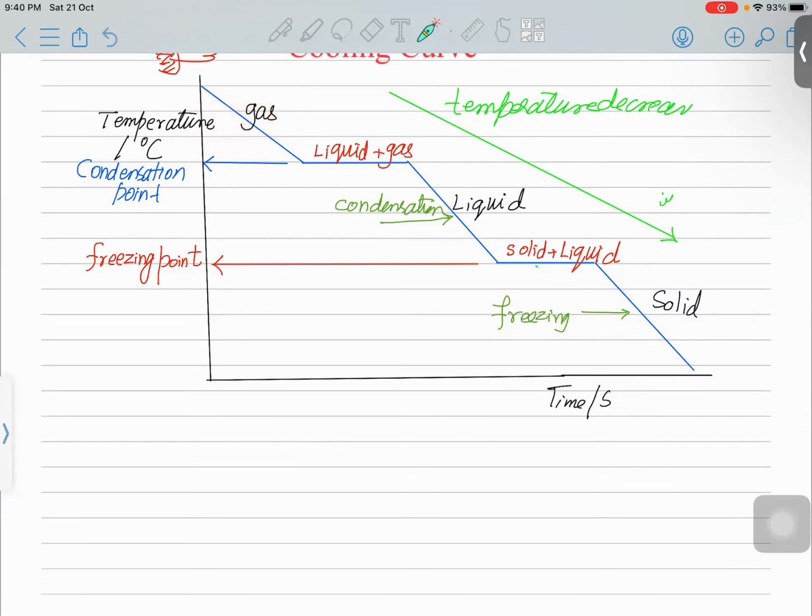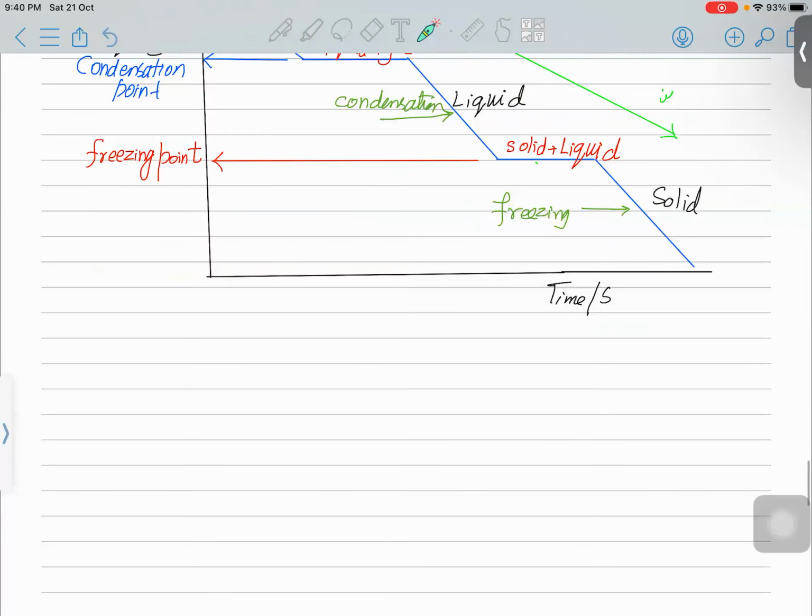Particles come closer. Closer means they change into liquid. When you still decrease the temperature, liquid particles release their energy and come closer and become solid.